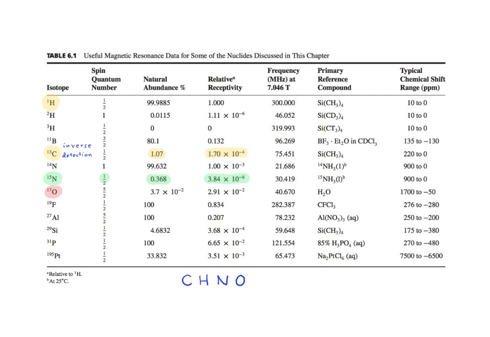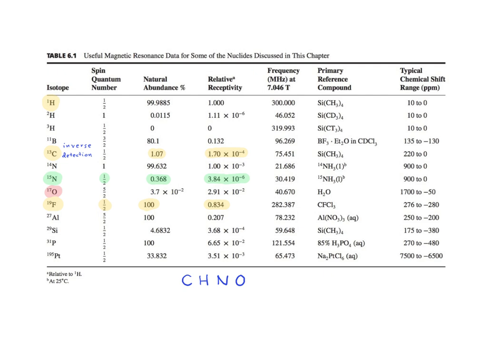The other nuclei that I will mention will be fluorine-19, spin 1/2, 100% natural abundance, and a receptivity that is similar to that of the proton. So this is very effective and practical spectroscopy if fluorine atoms are present in the substance.